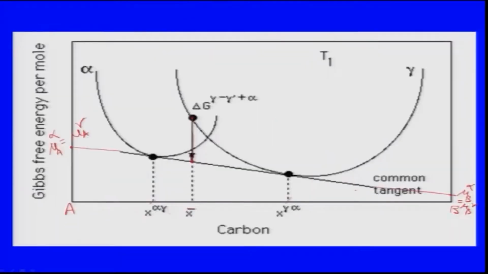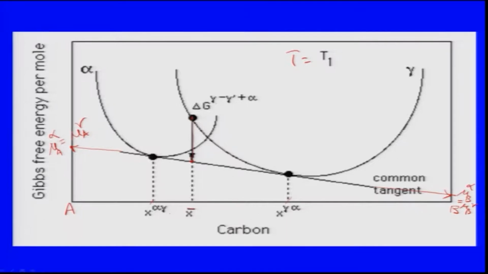So, graphically, how do I do it? I simply draw a common tangent. Suppose this is the free energy of alpha and this is the free energy of gamma at a temperature T equal to T1. I draw a common tangent between them, and that common tangent tells me the stability conditions. It is obtained easily by extending this tangent to both the vertical axes.